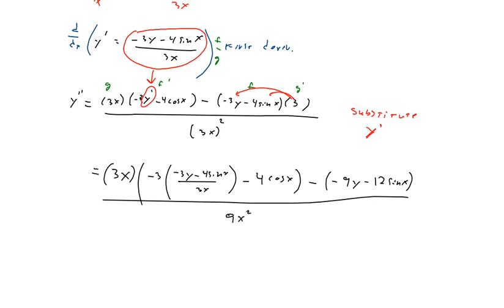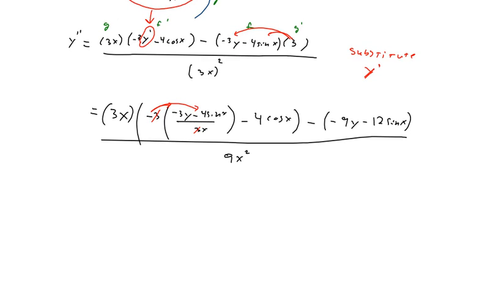So we're going to do a little bit more distribution, like, for example, this -3 here and this 3x on the bottom. If I were to multiply, this -3 can cancel with that one there, and I just have to distribute the negative sign inside. So if I do that, now this is all just extra, bonus, y double prime. Let's do it. We've got 3x on the outside here.